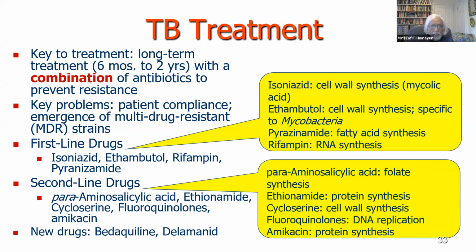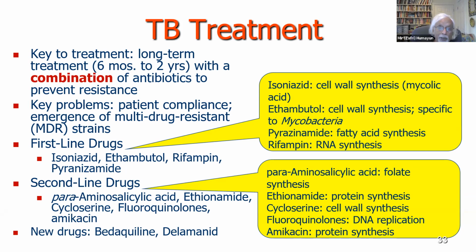The key to TB treatment is that it's a long-term treatment. So for many bacterial pathogens, the treatment regime consists of days and maybe a few weeks. But for TB, the treatment regime is 6 months to 2 years. It's a very long time.